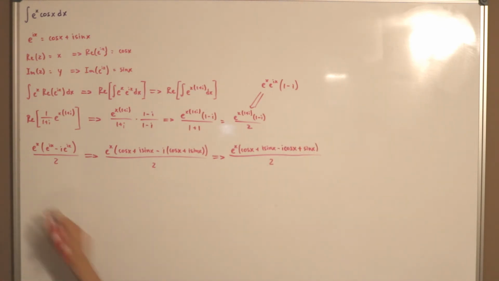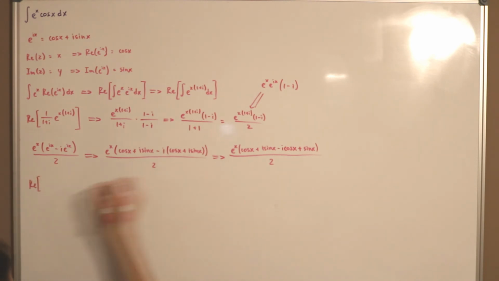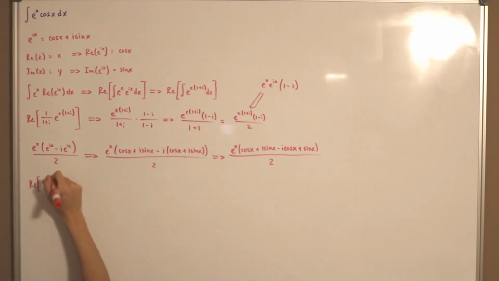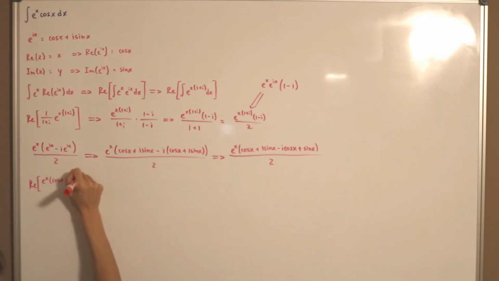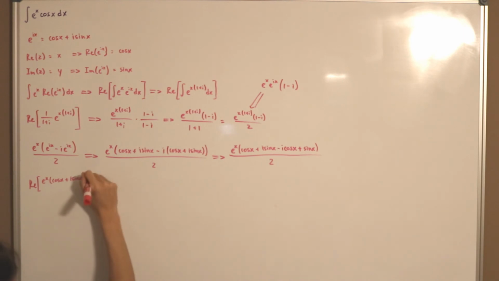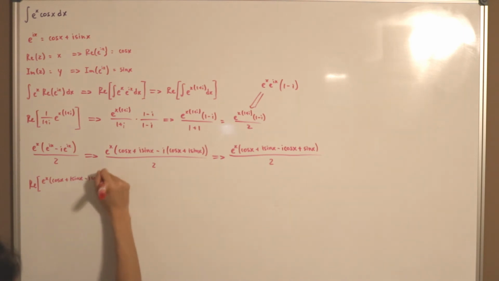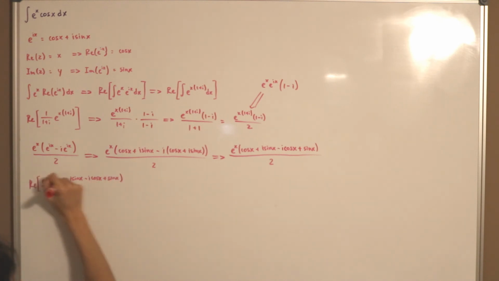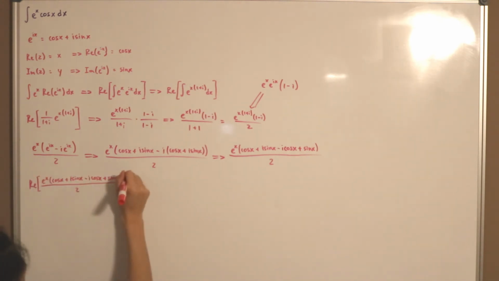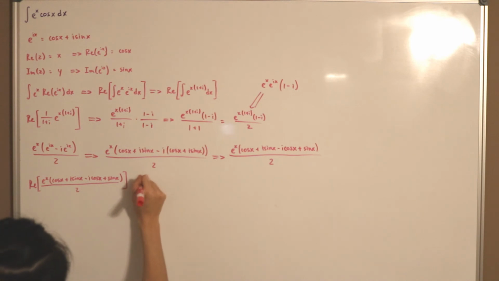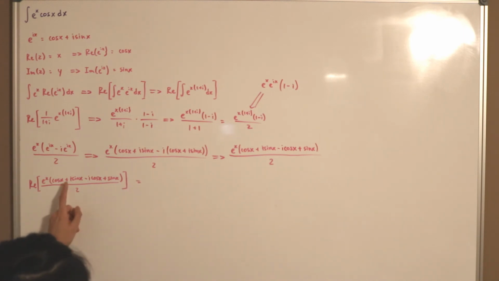So now the last part is we have to take the real part of our simplified expression: e to the x times (cosine of x plus i sine of x minus i cosine of x, then plus sine of x), divided by 2. It's pretty easy to see that the terms with i are the imaginary part, but we're being asked to find the real part.